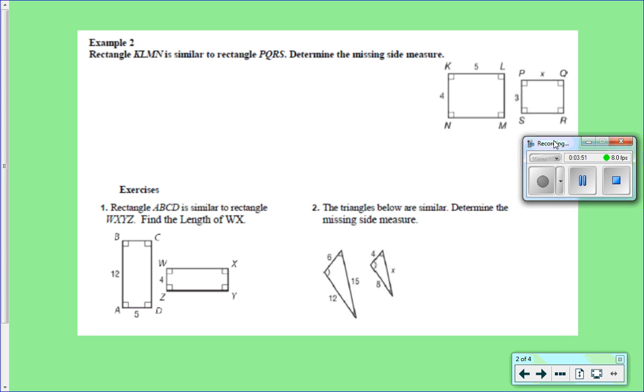Addie? 4/3 or 3/4. Okay, so that is KN corresponds to PS, right? So 4 corresponds to 3, right? Those side lengths. And then what's another corresponding side? Yeah, so we have KL and PQ, which is our missing side length, right?